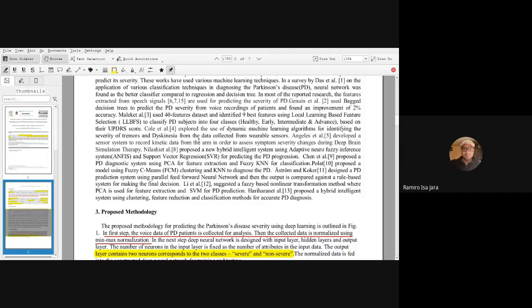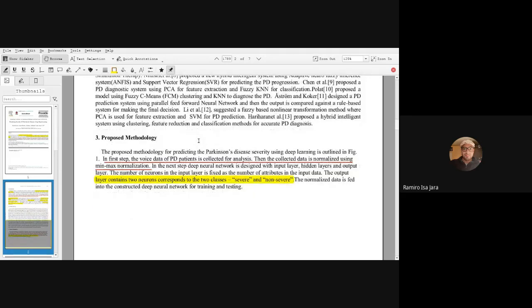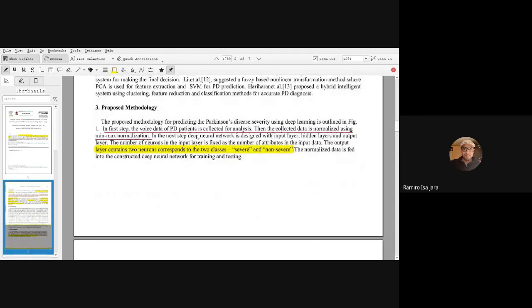The methodology the author proposes in this research is the use, in the first stage, of normalized data, for example, min-max normalization. The vectors of features are used according to the patient, using the voice.